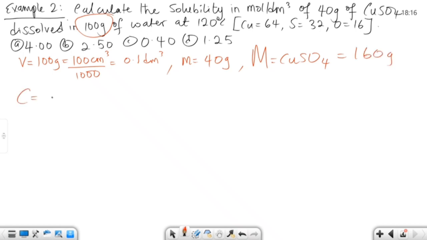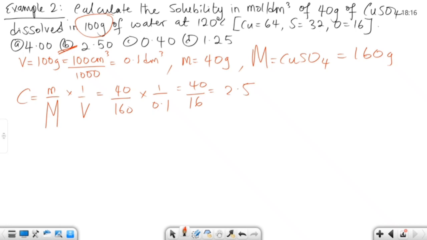Our solubility C equals m over big M times 1 over V, which is 40 over 160 times 1 over 0.1. This becomes 40 over 16, and if you divide this, you get 2.5. So our answer to this question is option B.